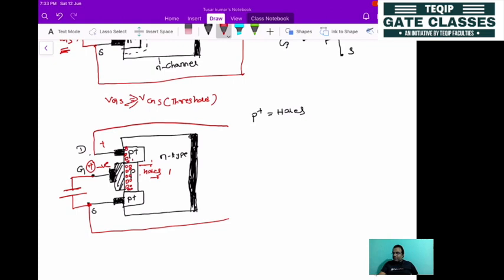And here also the same thing will happen. Then you will have one path for the holes flowing from one terminal to the other terminal. So that's why we cannot make it positive, so we will make it a negative terminal.